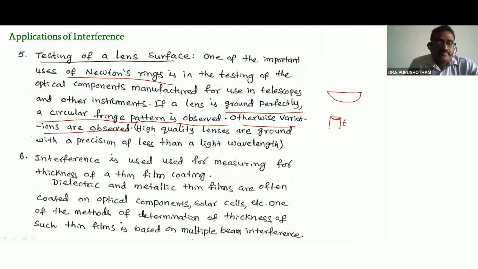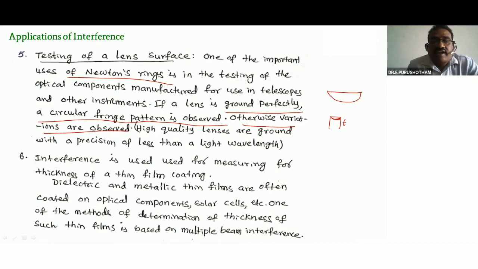Sixth point: interference is used for measuring the thickness of a thin film coating. Take a glass plate and put some paint on it. It acts as a thin film.